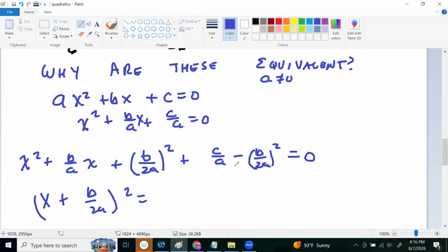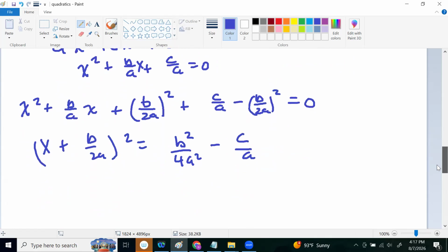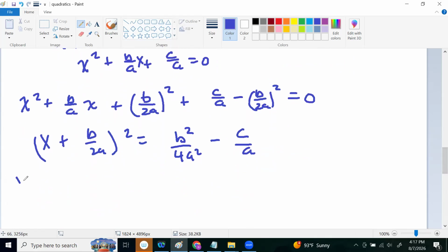squared. Now I'm going to go ahead and subtract. I'm going to add this to this side and subtract that. So this is going to be b squared over 4a squared minus c over a. Now we're good. We're going to be good algebra students here.